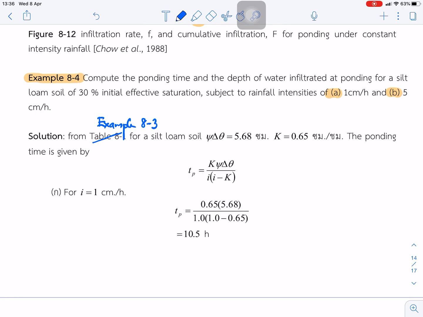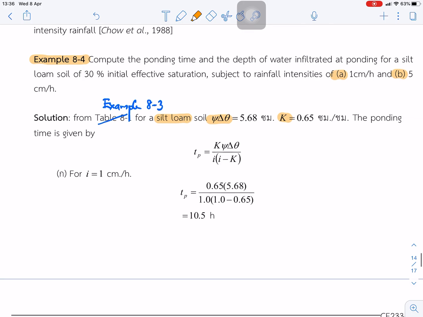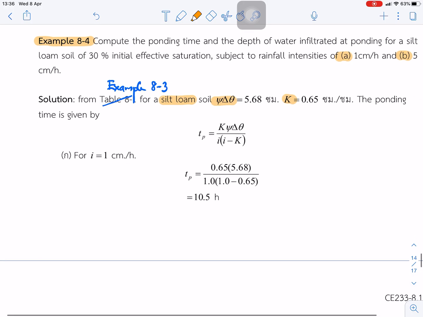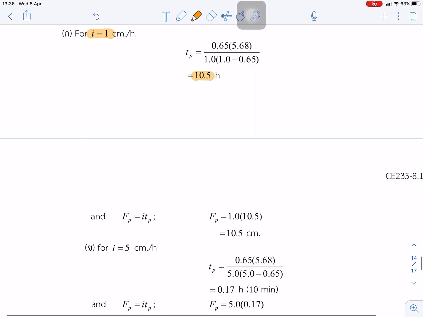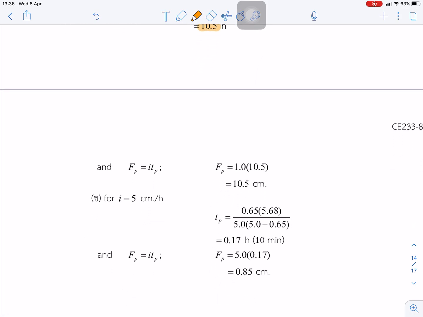For the silt loam, the same soil, we got psi times delta theta, the same, and K. So if we assume an intensity of rainfall of 1 centimeter per hour, we got ponding time about 10.5 hours, and accumulated depth is about 10.5.